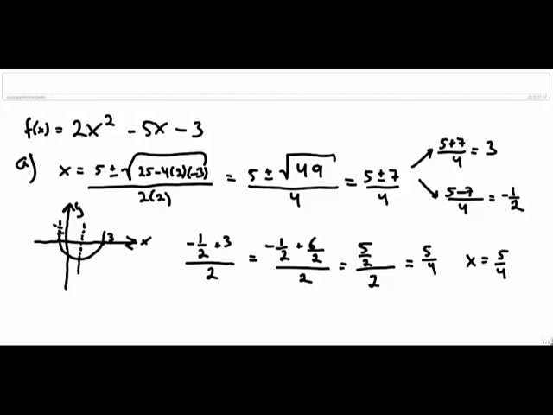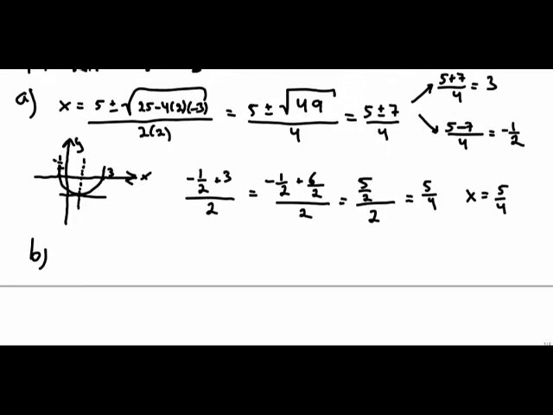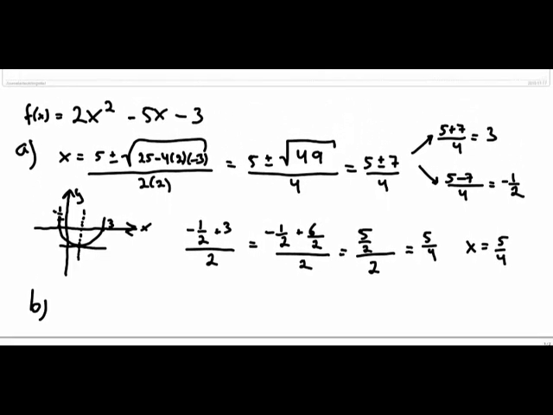Now, in the B question, they would like to know the slope of the tangent for the x value that we just found. We know that it's going to be 0 already, but let's confirm that result. So we have to find the derivative. This is the general way of finding a slope for any value of x.